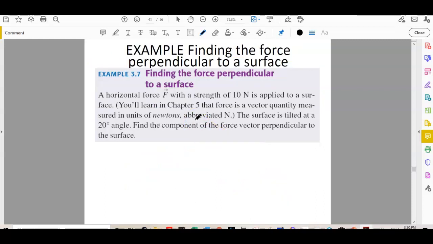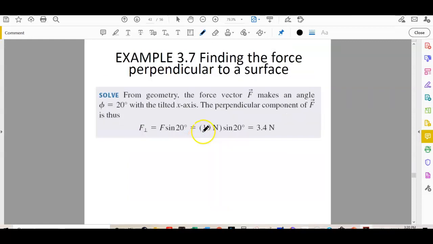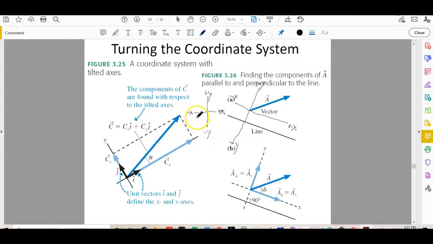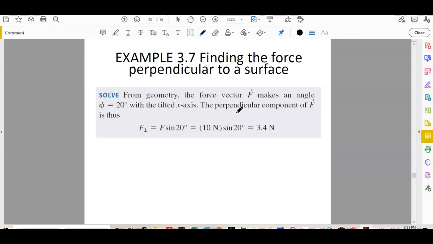One of those kinds of problems is when you have a force on an inclined plane, and that inclined plane is tilted at an angle of 20 degrees, okay? So here's basically how to do it. I don't want to get too far into this until we actually need to use it, and that need will make this information important. But I just want to point out that it is possible to twist a coordinate system to make the math easier. Essentially these slides show how to do it, and how it's applied to our system.